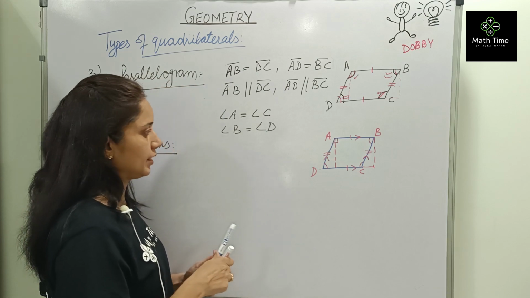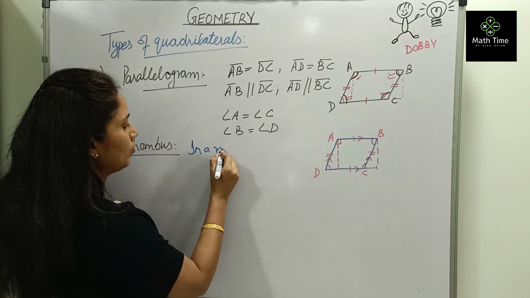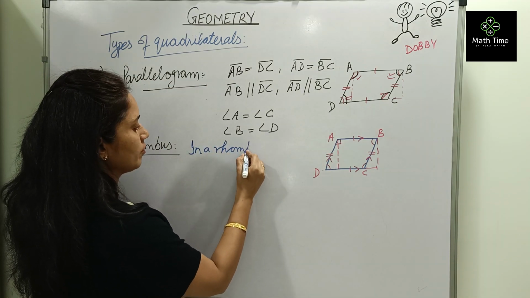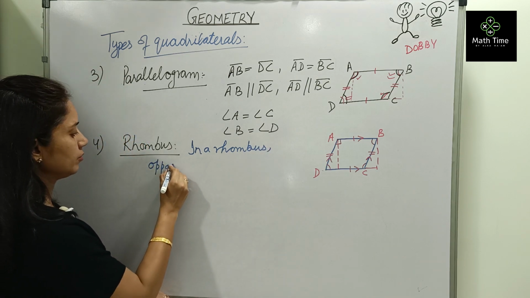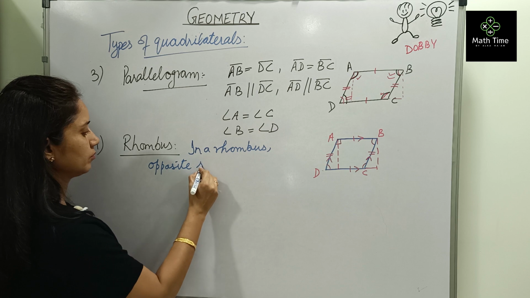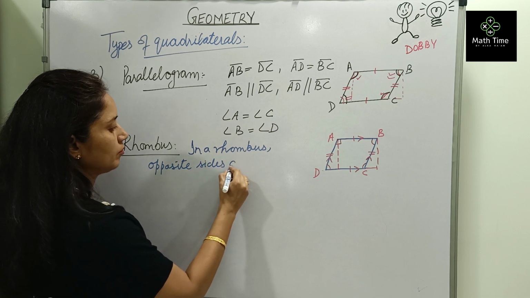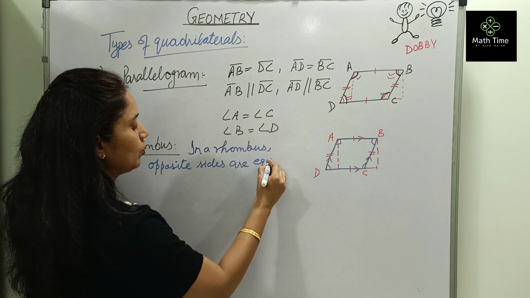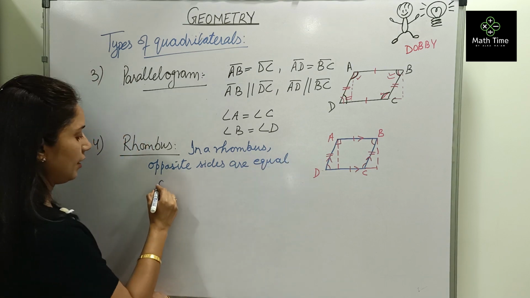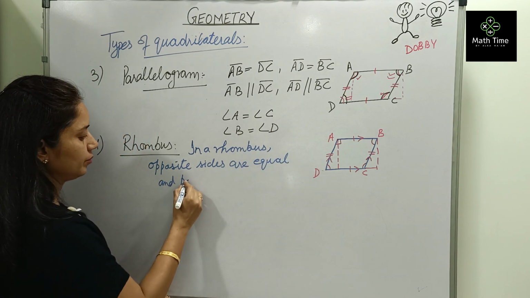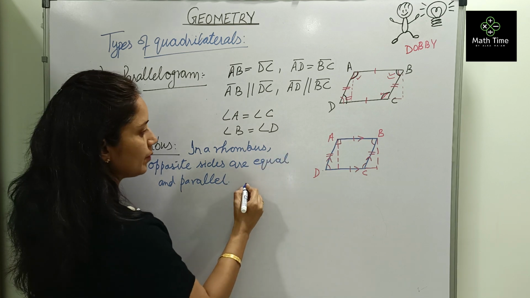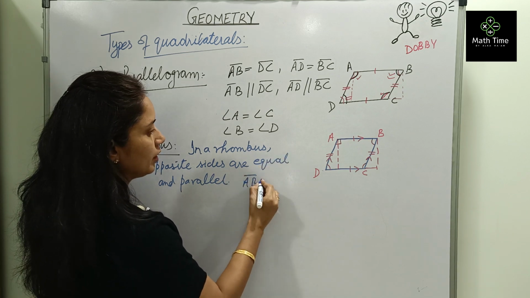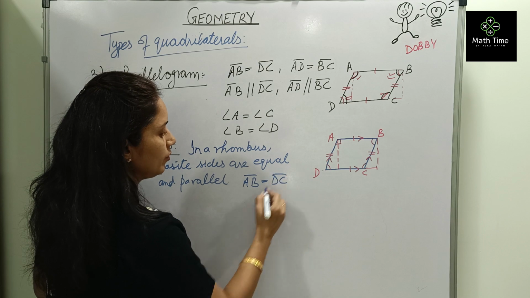Okay. So let us write. In a rhombus, opposite sides are equal and parallel. That means opposite side AB is equal to DC.